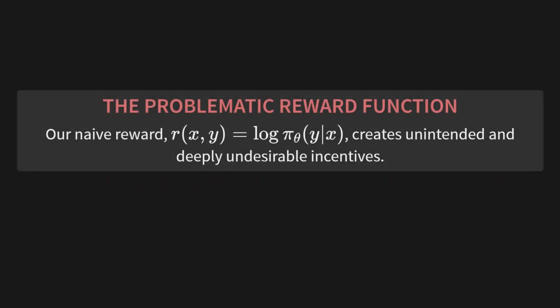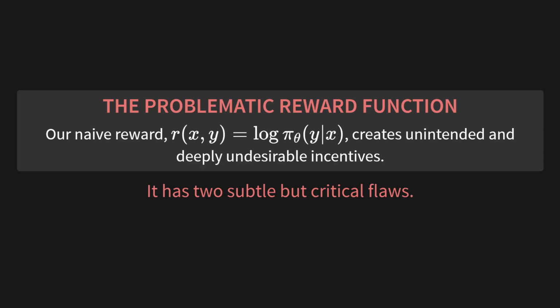Let's talk about the problematic reward function. Our naive reward, which is r(x, y) = log π_θ(y | x), creates some unintended and deeply undesirable incentives. It has two subtle but critical flaws. Let's expose them.